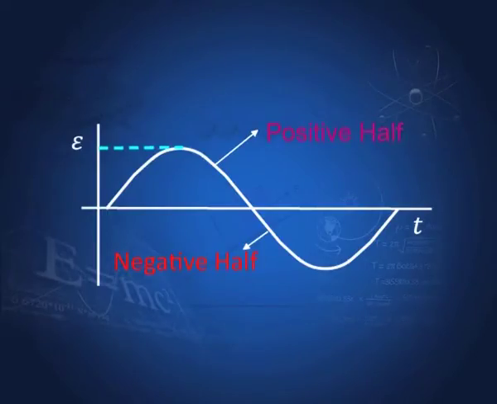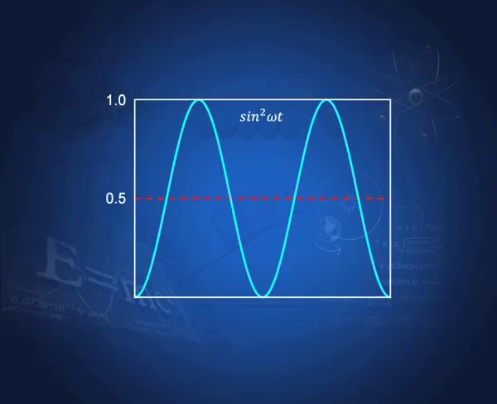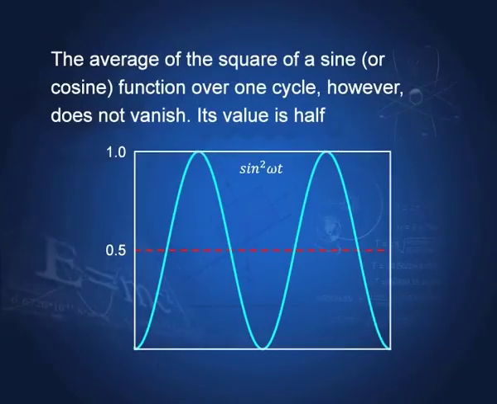So, since the currents and voltages vary in sinusoidal fashion, we cannot deal with them as such, because the average becomes 0. This area cancels this area. We have to deal with the square of these quantities. When you plot the square, you can see that the average value of the square is half. You can show it mathematically also, but graphically you can see that the value is half, and therefore the average of squares has some meaning.